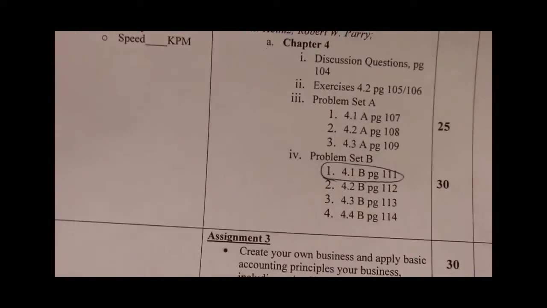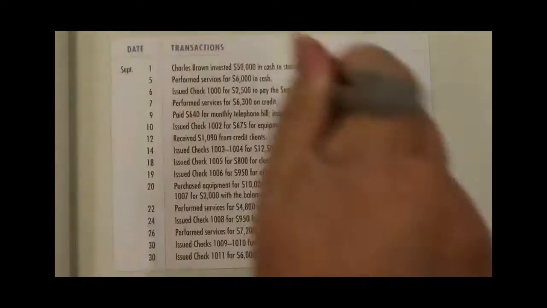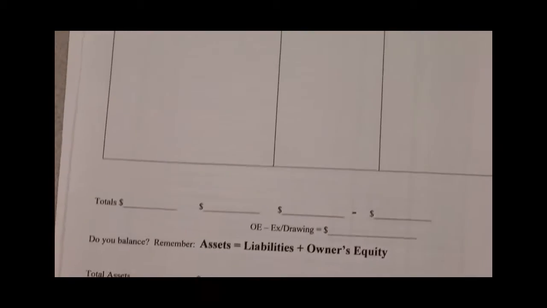Okay? So Problem Set B, and again, it's very possible that your transactions are different. Remember last time my transactions were a little bit different than yours. If they are different, then just go along with me. I will send you a picture of these transactions that I'm doing here so that we could have the same ones.